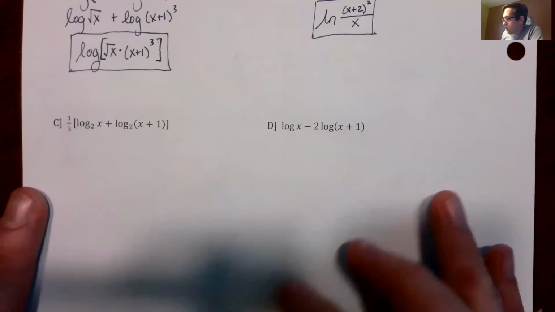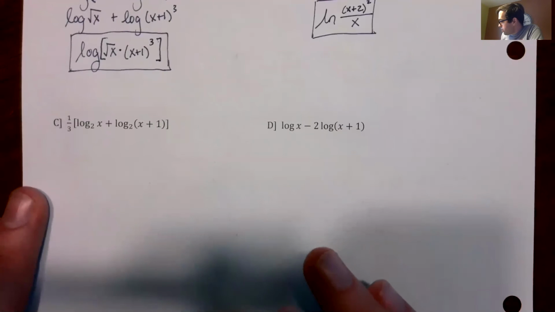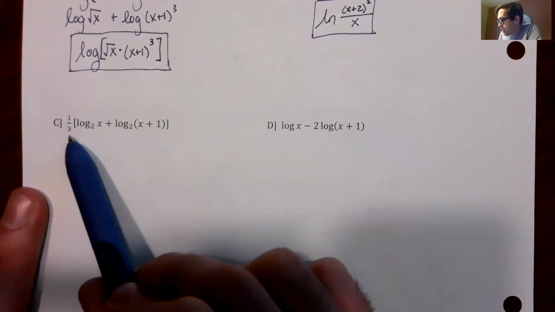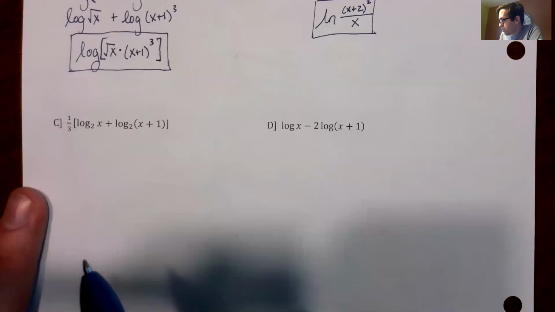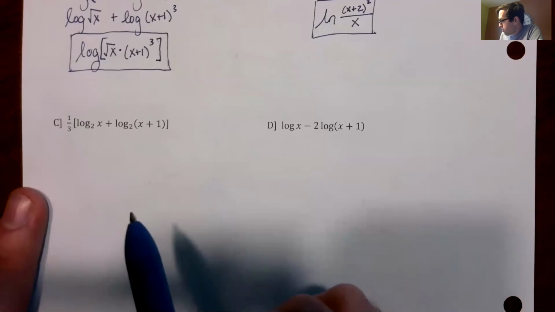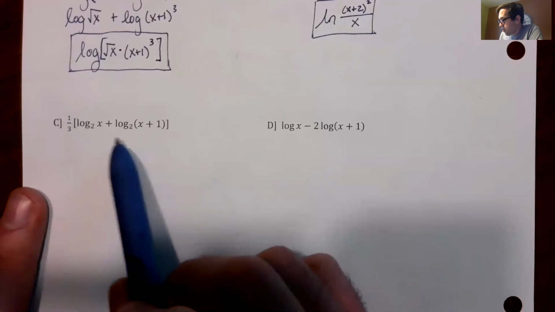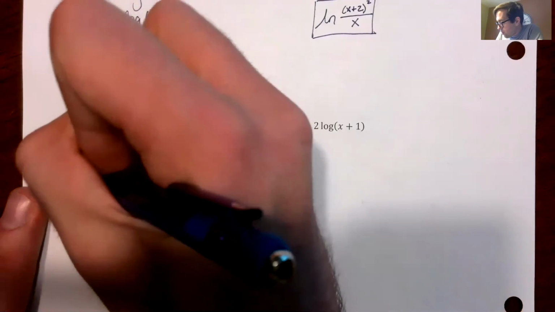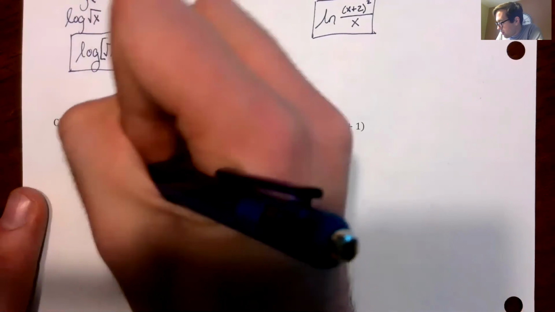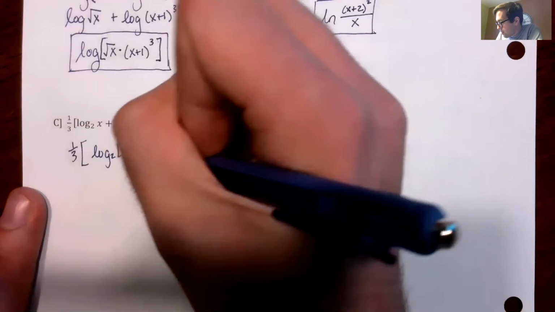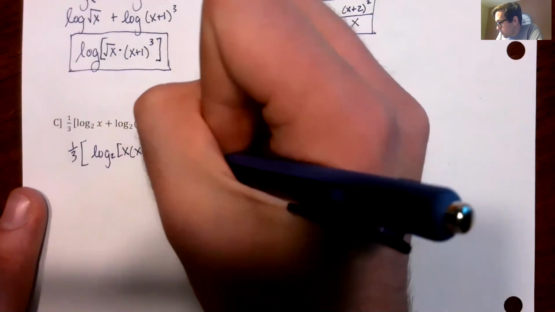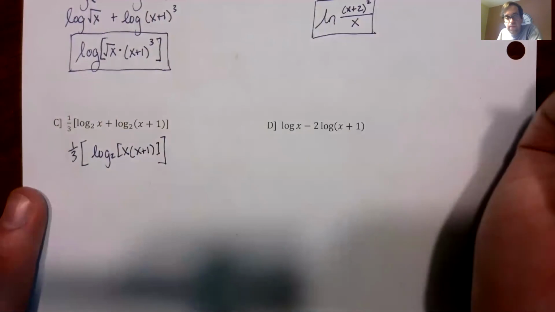Next up, what I personally am going to do first in this one is deal with the inside and then deal with the 1/3 afterwards. You're going to get the same answer no matter which order you do this in, but let's try this. So I'm going to combine these to be 2 things multiplied together with the 1/3 still hanging out outside. x times x plus 1, like that.